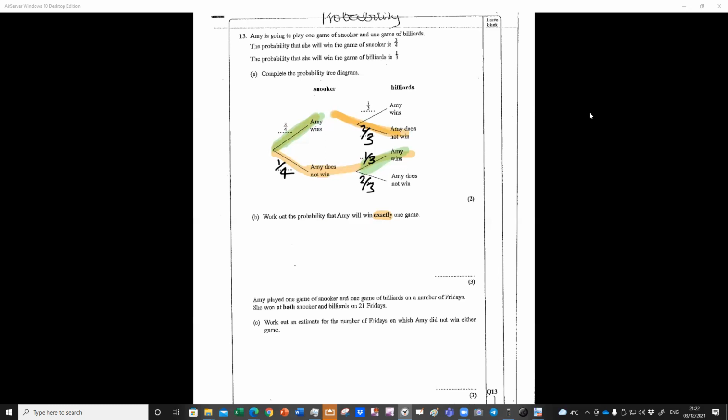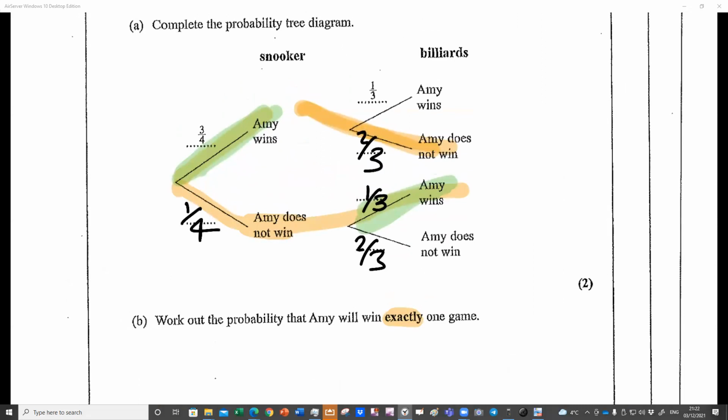Okay, right. So work out the probability that Amy will win exactly one game. So we go 3 over 4 times by 1 over 3, and then 1 over 4 times 2 over 3.